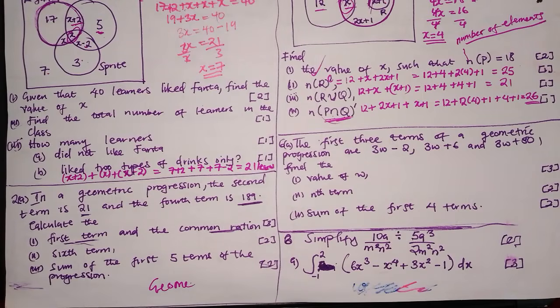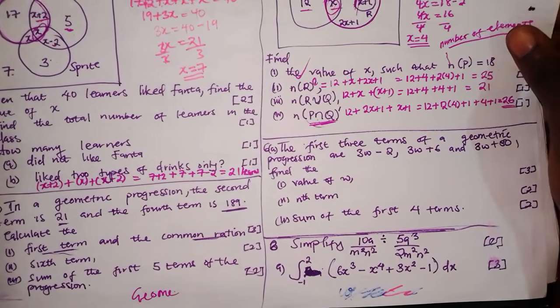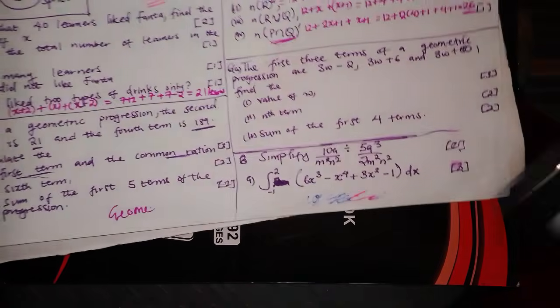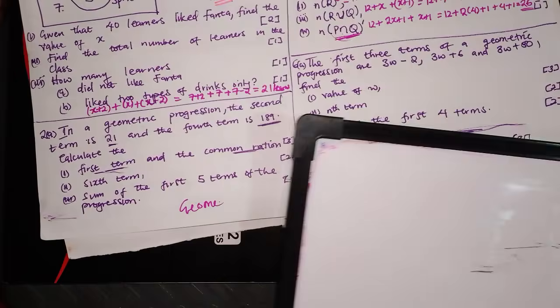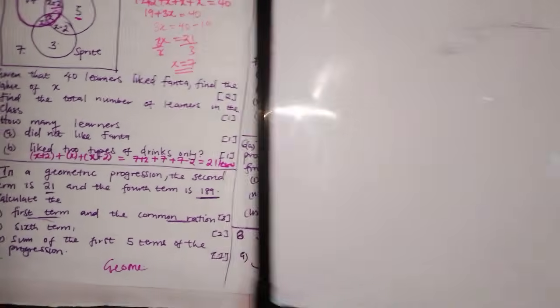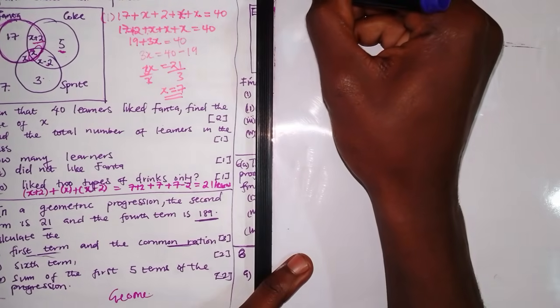So how can you calculate the first term and the common ratio? First you need to understand the formula. In paper 1 you wrote your AP. Here you have to write your geometric progression. That's how they have put it. So the question is saying we have the second term. So let's write.